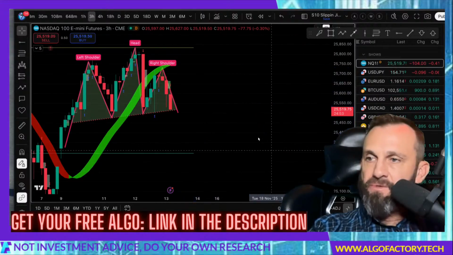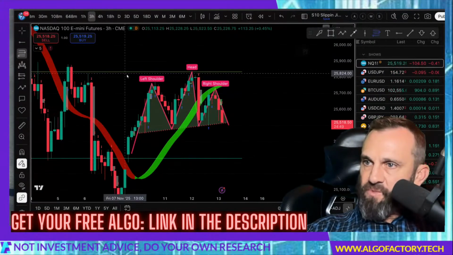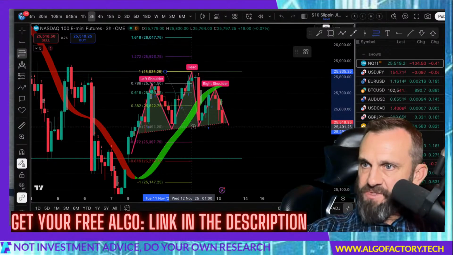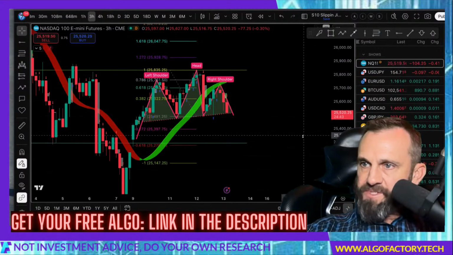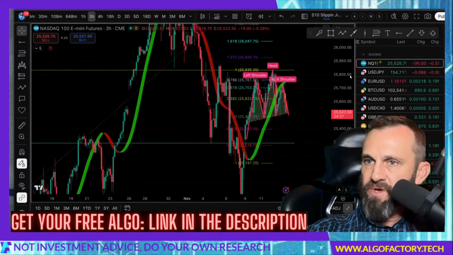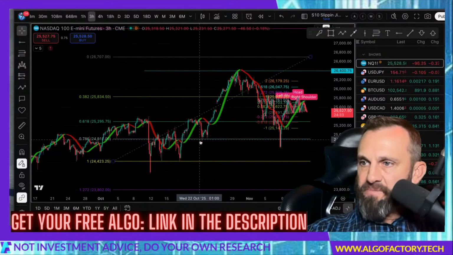Where would it head to in this particular case? Well, there's a way to determine targets on that, and I'm going to use a Fibonacci tool. And for the targets, I'd say a good target's 25,300 or so, because it's also a 618 on this major move up that we painted before.